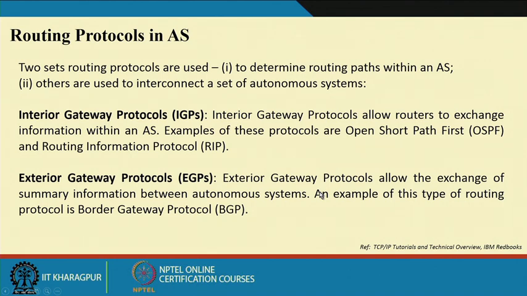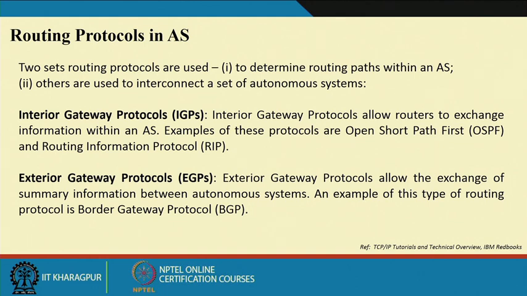Secondly, the other protocols are used to interconnect a set of autonomous systems. So, I need a protocol which allows us to connect to the other autonomous systems. Interior gateway protocols, IGPs, allow routers to exchange information within the AS.